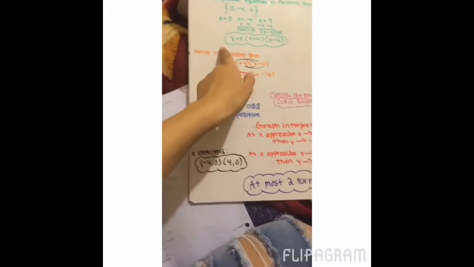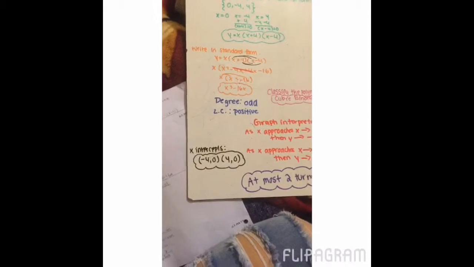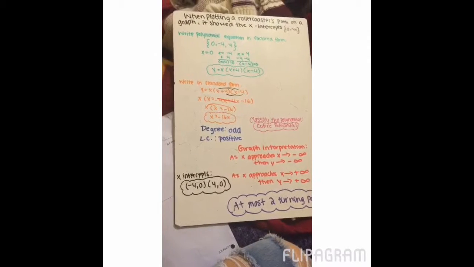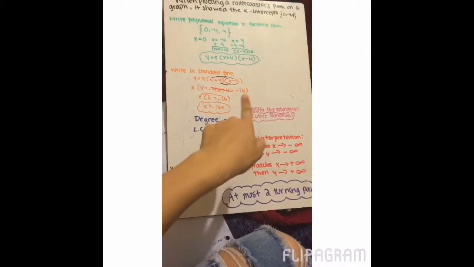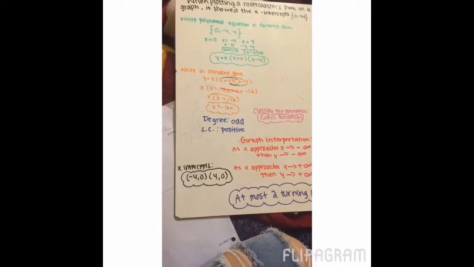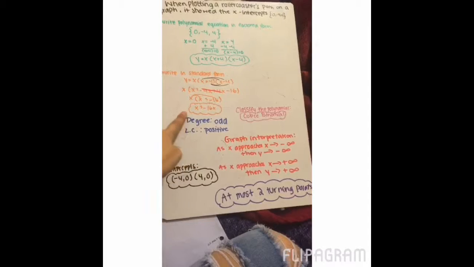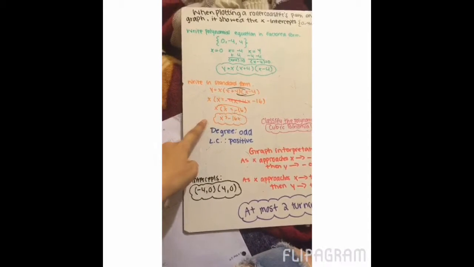Then you write it in factored form, which is this. Next we need to write it in standard form. With it still in factored form, you distribute the last 2 and cross out negative 4 and 4 because they cancel each other out, and distribute again one more time, and you get standard form, polynomial.